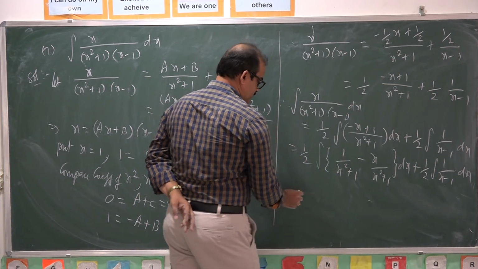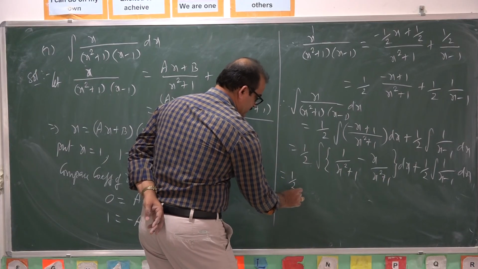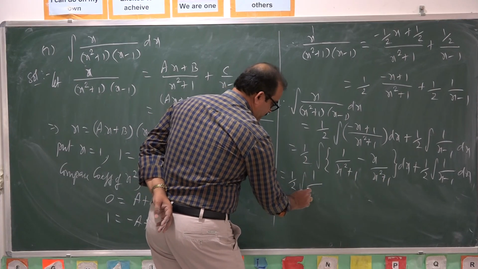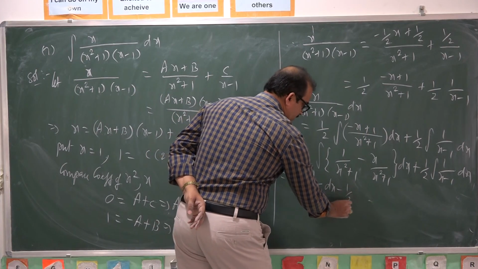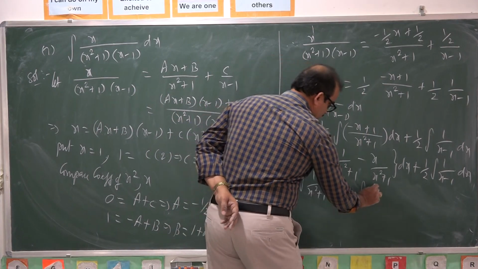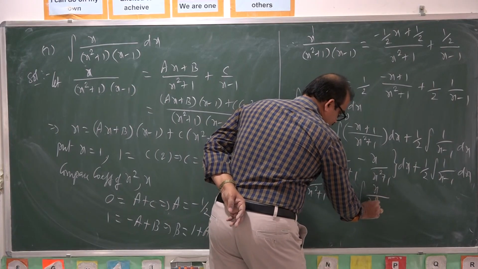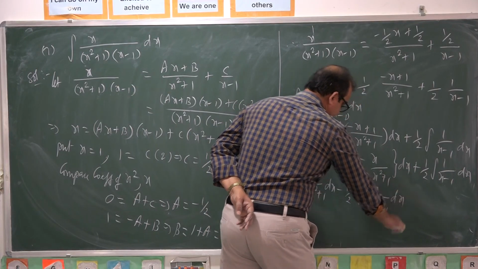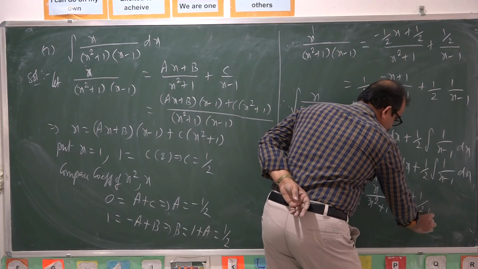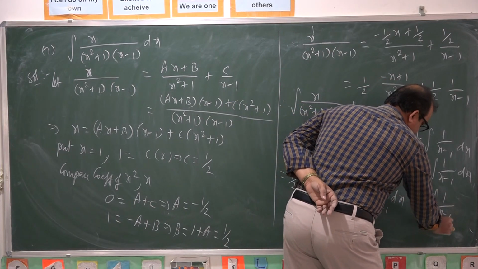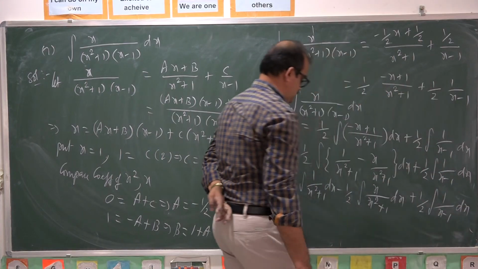Take the 1 by 2 out of the bracket: 1 by 2 into integral 1 by (x square plus 1) dx, minus 1 by 2 into integral x by (x square plus 1) dx, plus 1 by 2 into integral 1 by (x minus 1) dx.